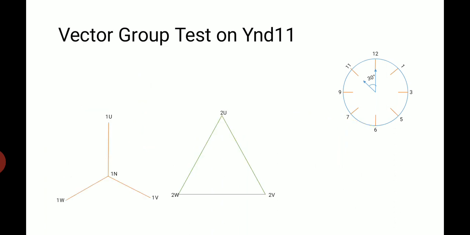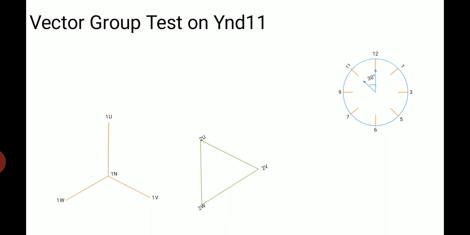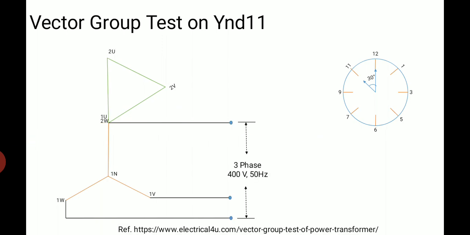A similar practice can also be done if the vector group is YD11, so star connected primary and delta connected secondary. 11 means 30 degrees of shifting towards the anti-clockwise direction. It will be imposed on the primary side. So short the 1U and 2W and across the primary give a 3 phase 400 volt 50 hertz supply and measure the voltage across 2U terminal of secondary with the 1N terminal of primary.